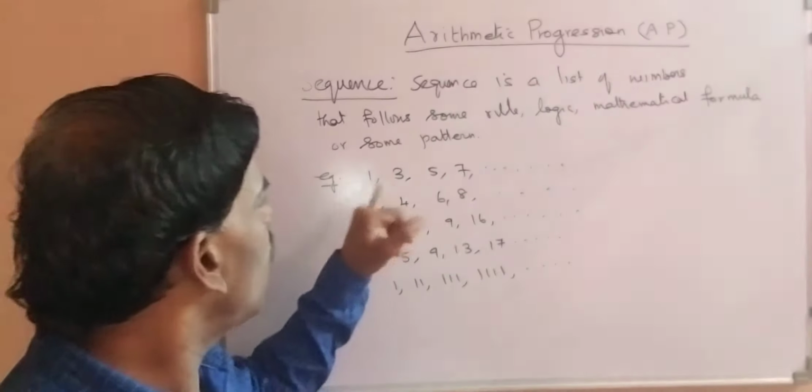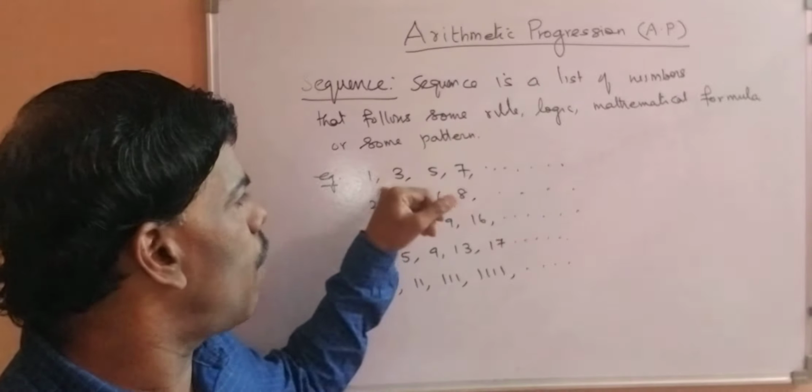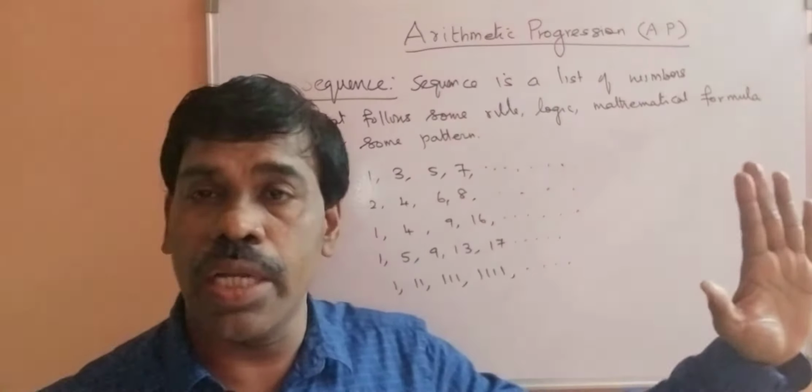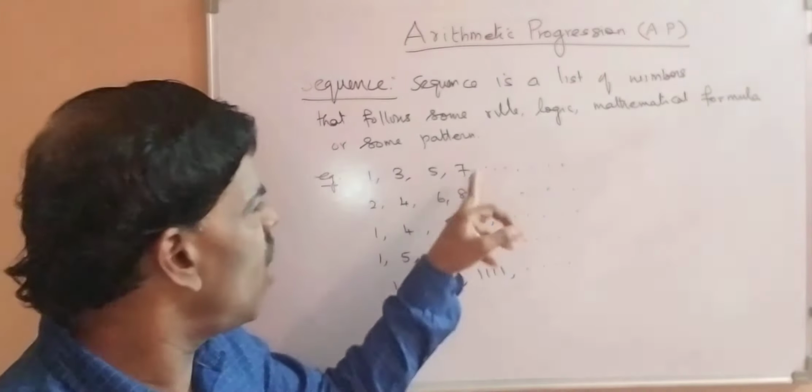That means here they have added 2 to the first number, and you are getting the subsequent numbers. That is one sequence, but we call it odd numbers.